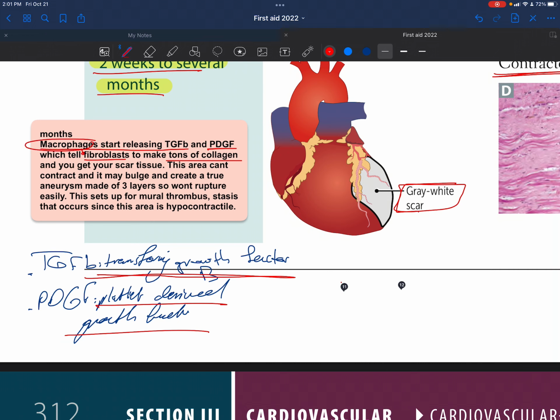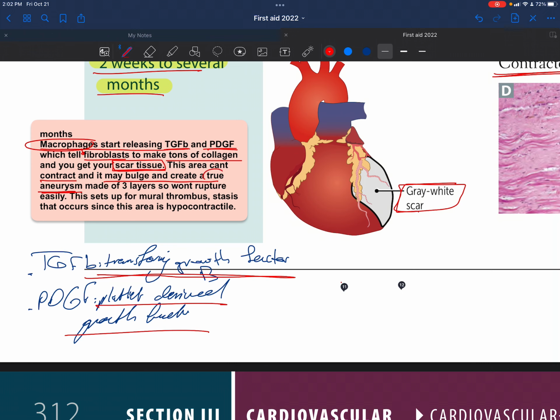So the macrophages are ordering the fibroblasts, through these two, to make tons of collagen, and now we get the scar tissue that we needed, the tough hard scar tissue. This area cannot contract because it's a scar tissue. We know that scar tissue is just tough and strong and should not contract.